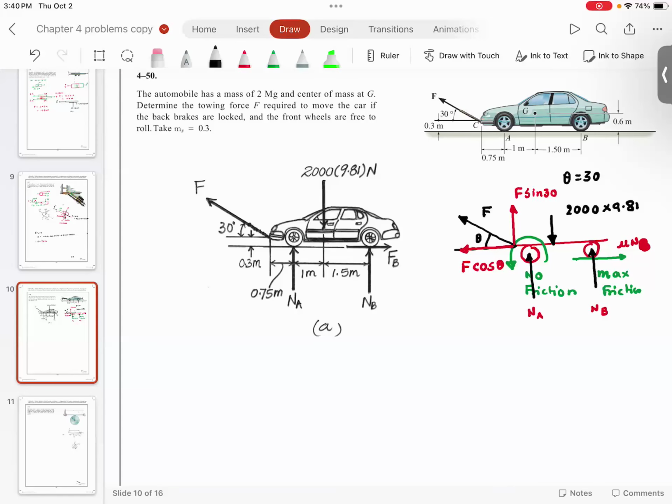So I apply summation of forces in x is equal to 0. This is x, this is y. When you apply summation of forces in x equal to 0, 0 is equal to minus F cosine 30, then you are going to have another horizontal force, plus mu times NB, which is the frictional force.